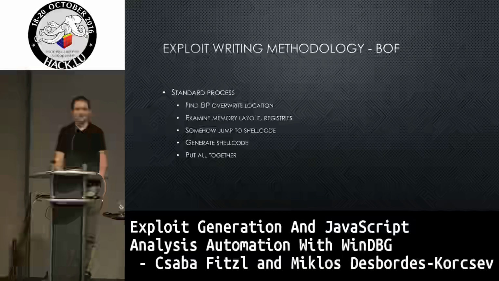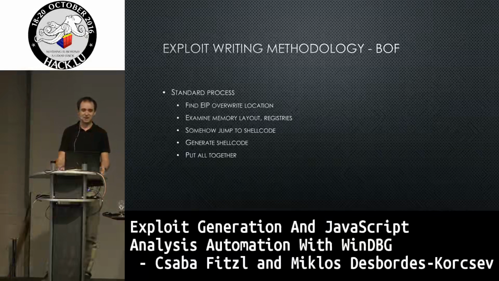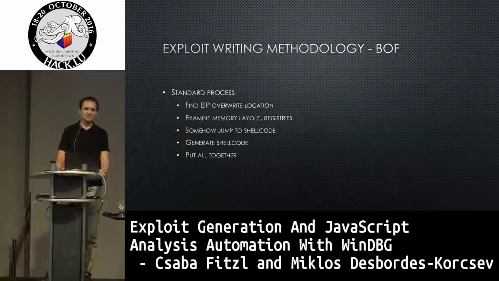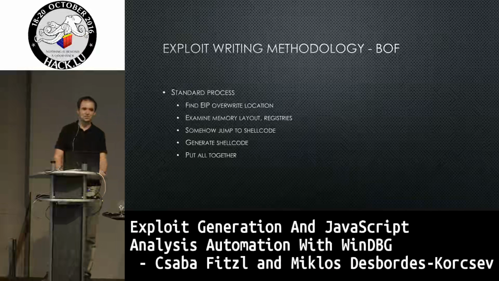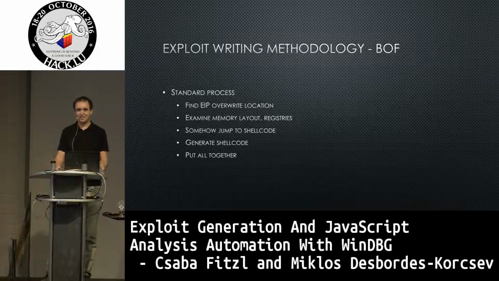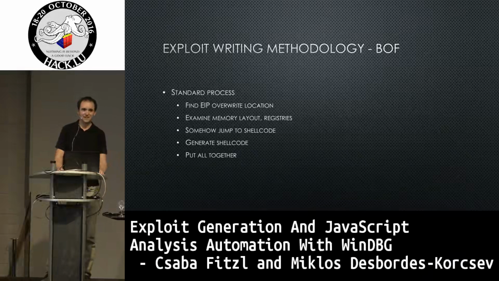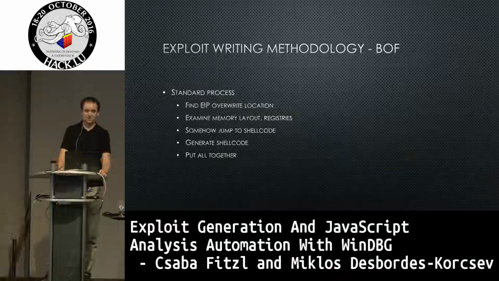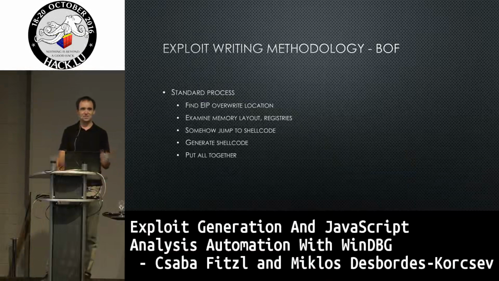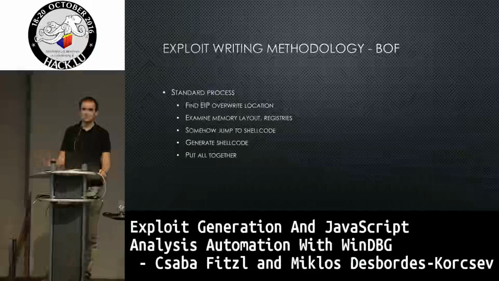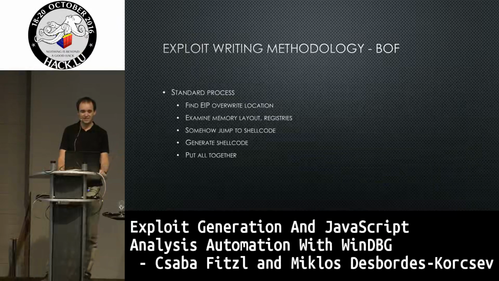Then you examine the memory layout, how much space you have in various places, which registers point to your buffer. Then you try to jump to your shellcode using one of the registers. Then you generate the shellcode, usually with Metasploit, and at the end put it all together and you get a working exploit. There are some corner cases when you need to come up with really creative ideas, but for the majority of classic buffer overflows, I think this methodology covers most of it.